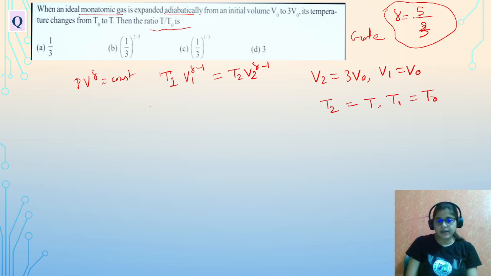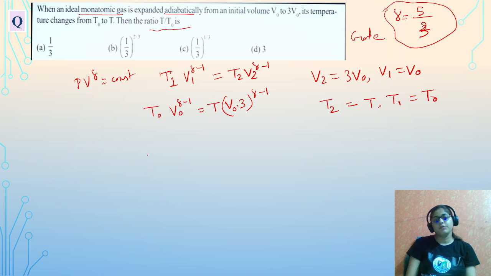So T1 is T0, V1 is V0, to the power gamma minus 1, equal to T2 which is T, and V2 is 3V0, so 3 into V0 to the power gamma minus 1.